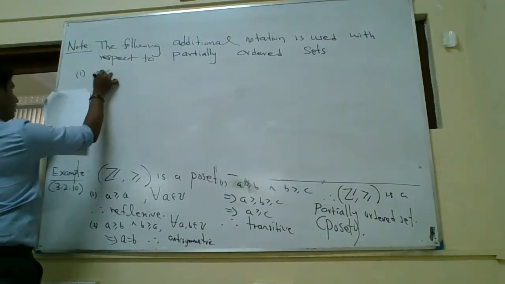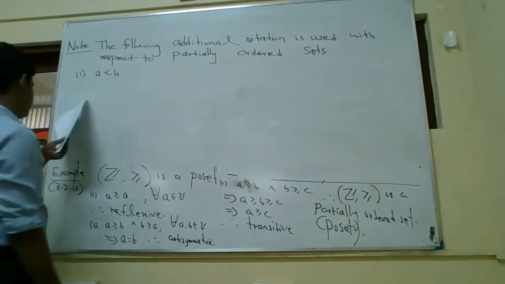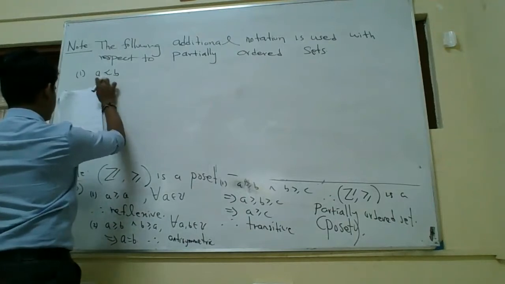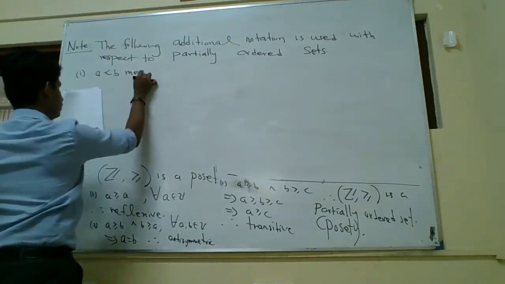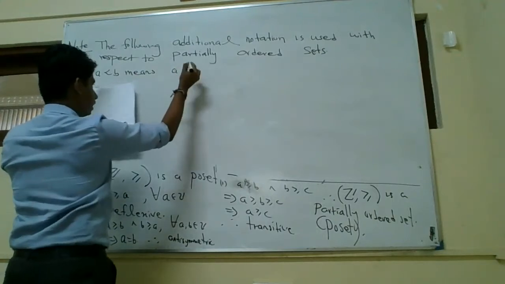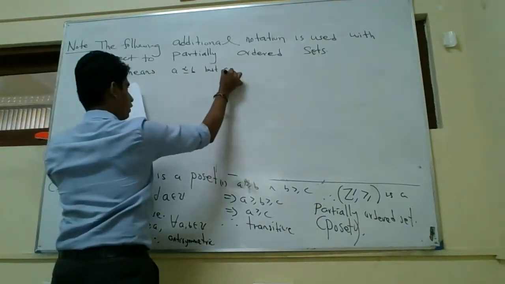First note: A precedes B. This means strictly precedes: A precedes B, but A is not equal to B. That is important.